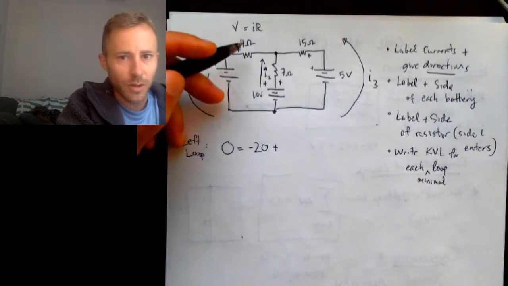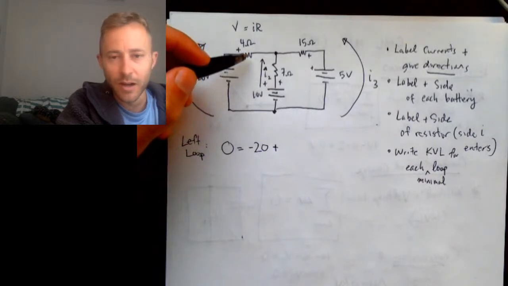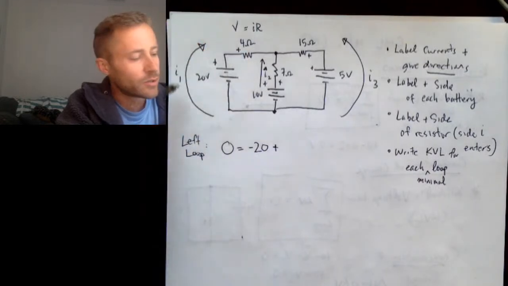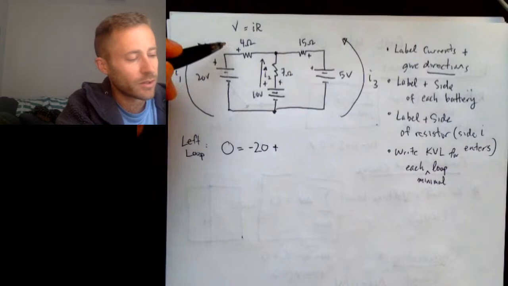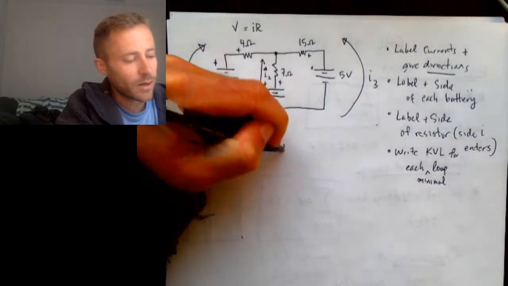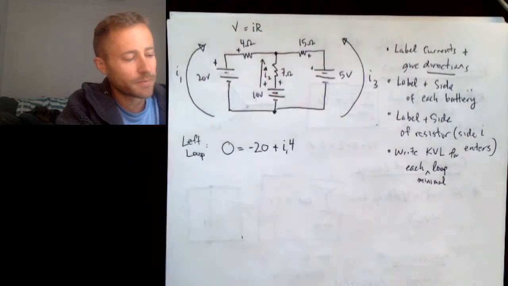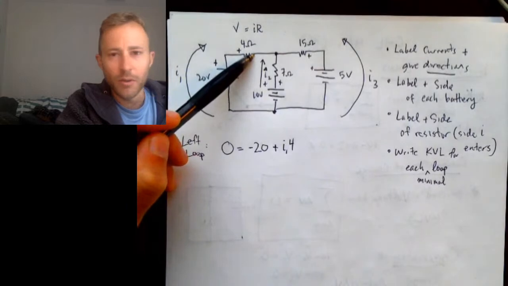So the voltage drop is going to be the current that this resistor experiences times its resistance. So this resistor is experiencing I1 because it's in that branch of the circuit, and its resistance is 4. So I have plus I1 times 4. So now I continue along my loop.